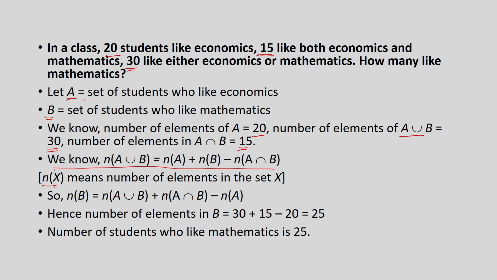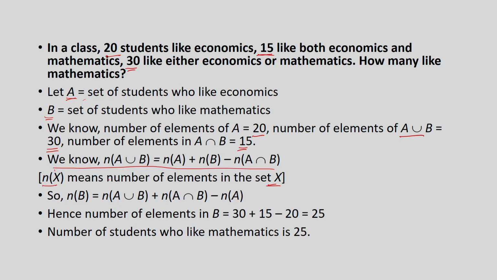N x means the number of elements in the set x. Okay. So, this is a sort of new notation that is being introduced here. If x is any set, then n x denotes a number, that number is the number of elements in that set x.